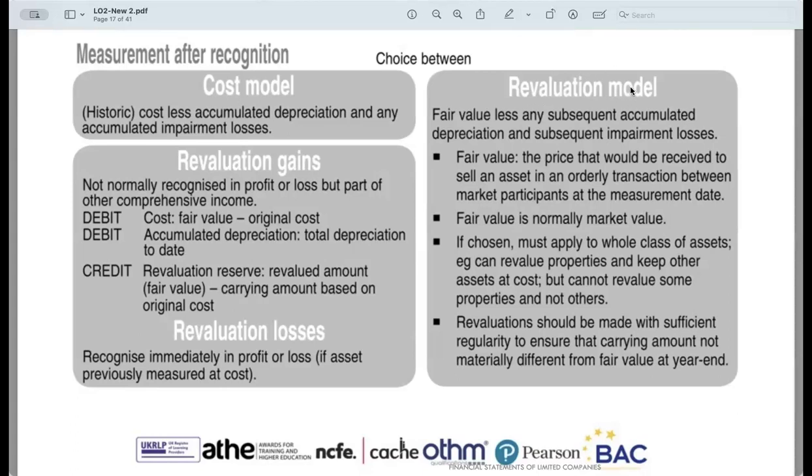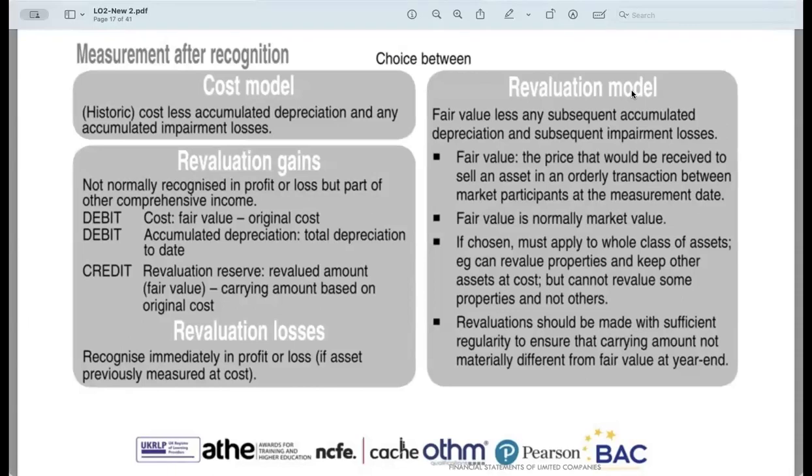Next is the revaluation model. The revaluation model carries assets at their fair value less any subsequent accumulated depreciation and subsequent impairment losses. Fair value is generally the market value at the measurement date.